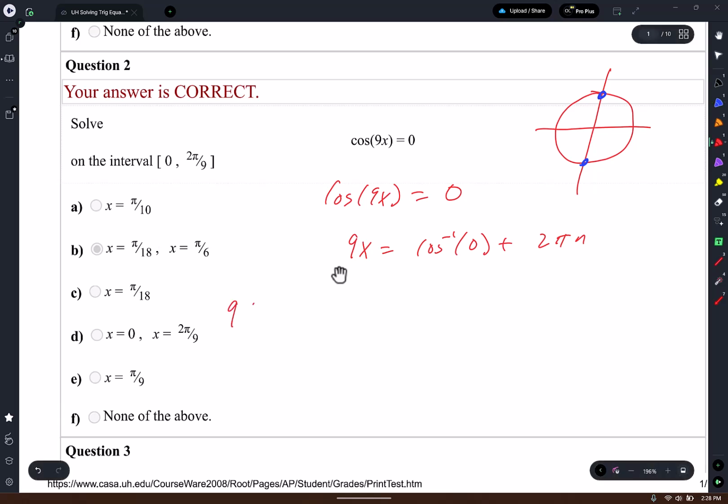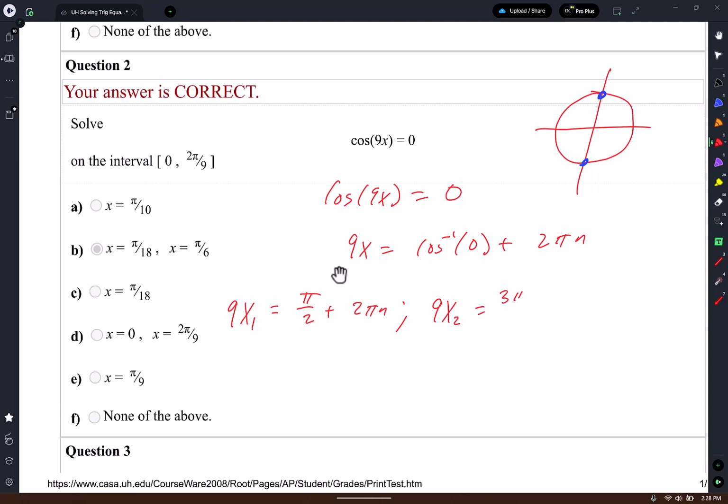Write 9x1 equals pi over 2 plus 2 pi n, semicolon, 9x2, that's a subscript, equals 3 pi over 2, because that's what you told me, right? Plus 2 pi n. Are we still okay?